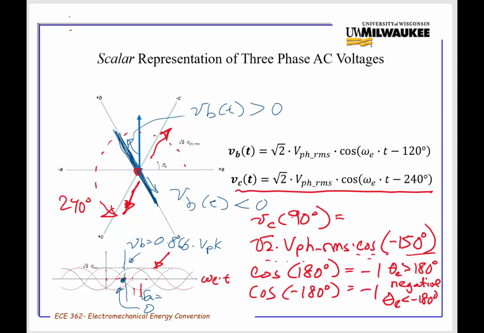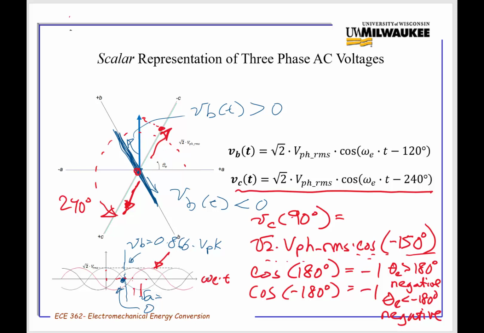So we know from this that a cosine of theta E less than negative 180 is also negative. But if we look at the phasor, and let's reflect that phasor onto the C axis, we are on the negative part of the C axis.